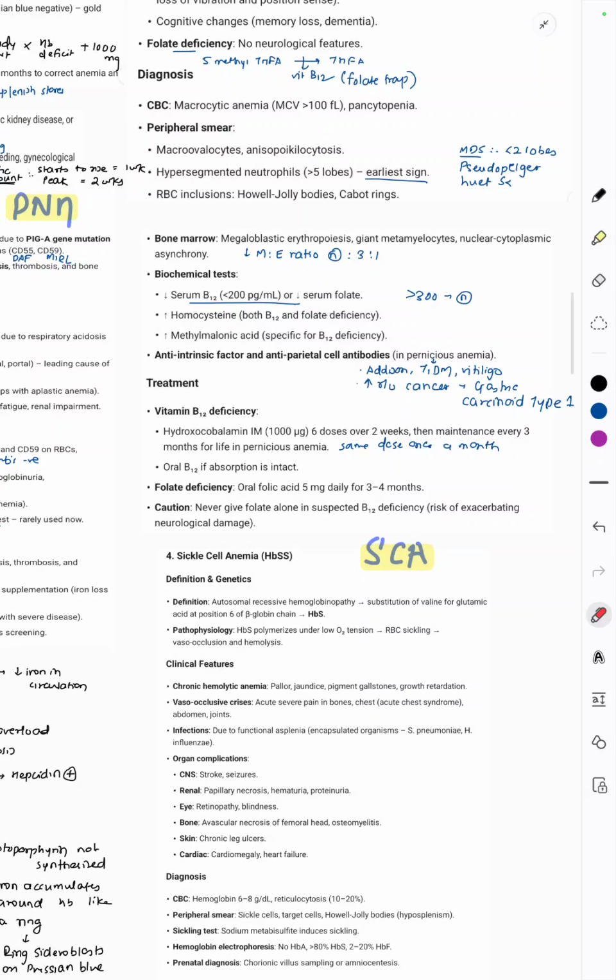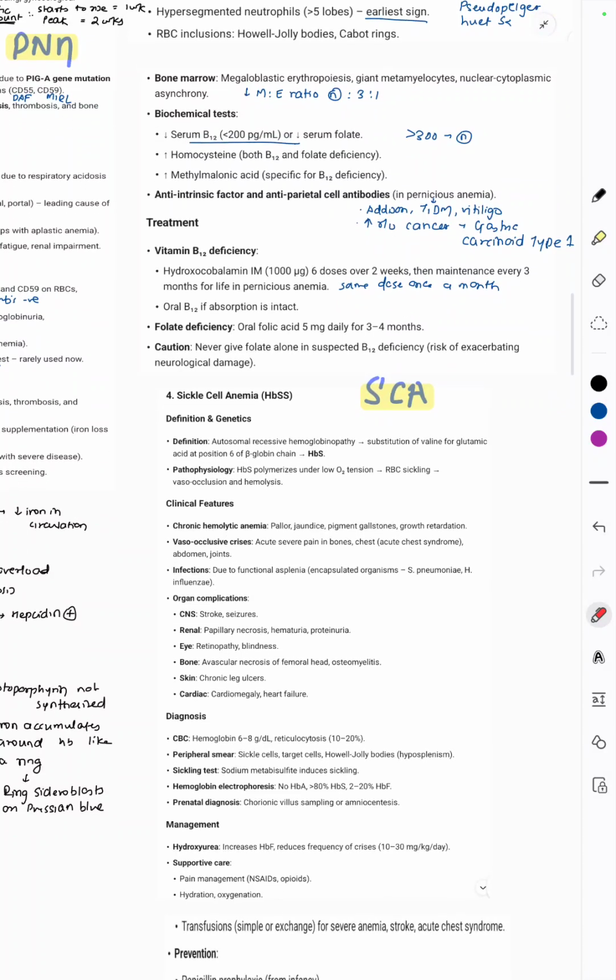Then biochemical tests: serum B12 levels decrease, serum folate level decreases, and homocysteine levels increase. Methylmalonic acid levels are going to increase. We do serological testing for anti-intrinsic factor antibodies and anti-parietal cell antibodies. This is also associated with Addison's disease, type 1 diabetes, vitiligo, and increased risk for gastric carcinoma type 1.